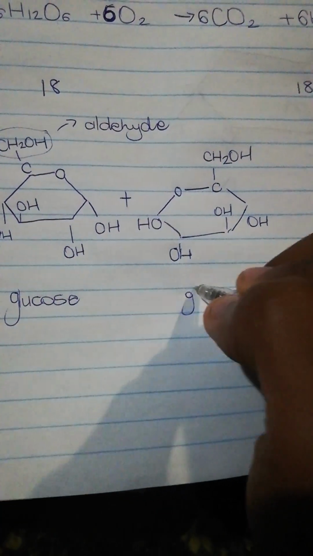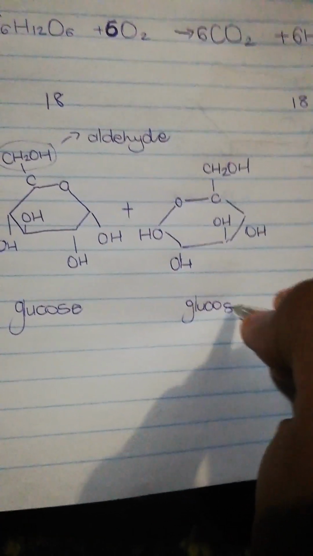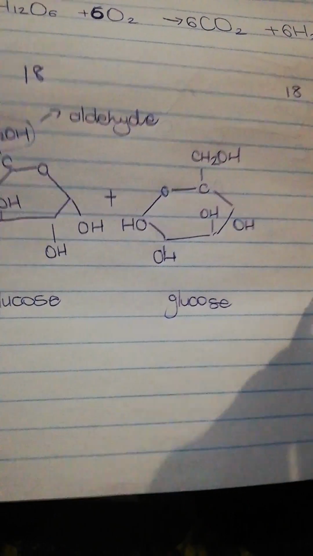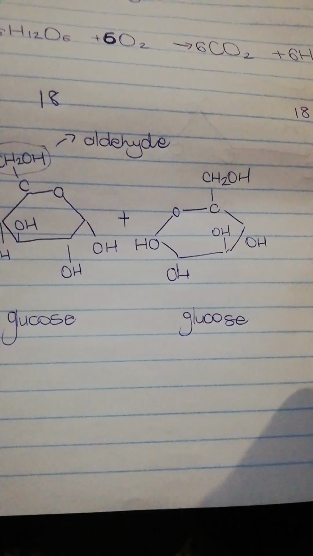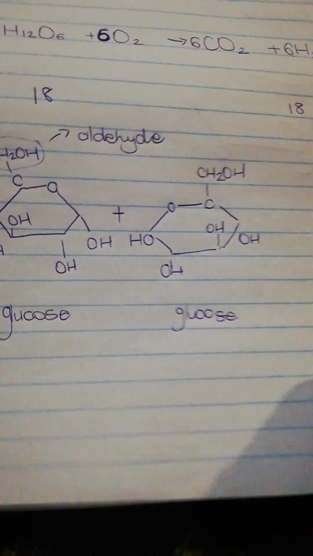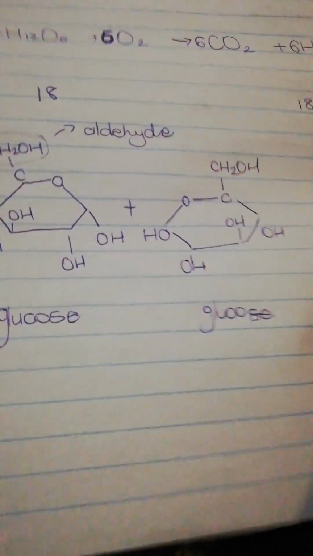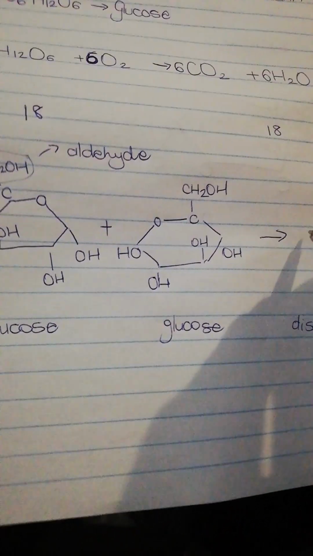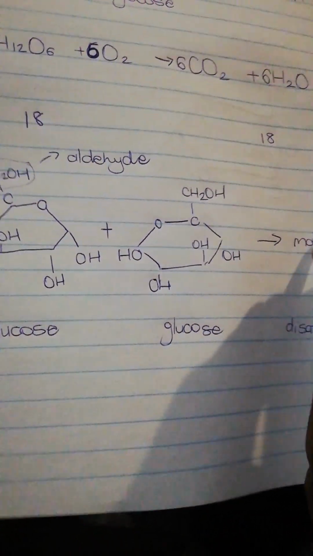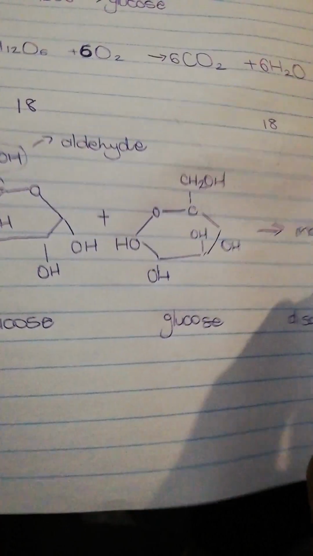When these two combine together, so that's a simple glucose sugar, a single sugar, plus another glucose, we get what is known as a disaccharide, better known as a double sugar. But to be specific, over here what you get is a chemical compound known as maltose.